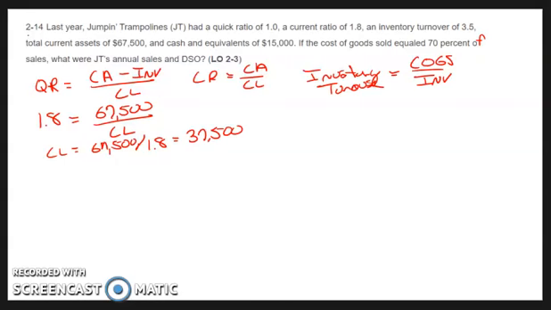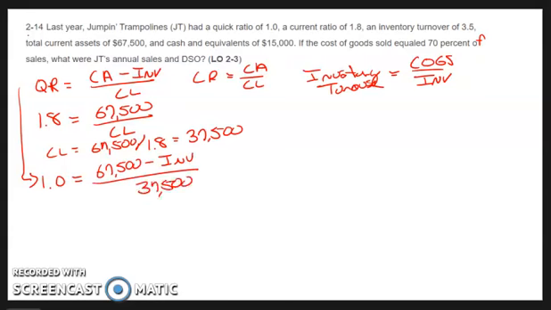Now that we know our current liabilities, we can use our quick ratio and calculate inventory. Our quick ratio is 1. The current assets are 67,500 minus inventory, divided by 37,500.